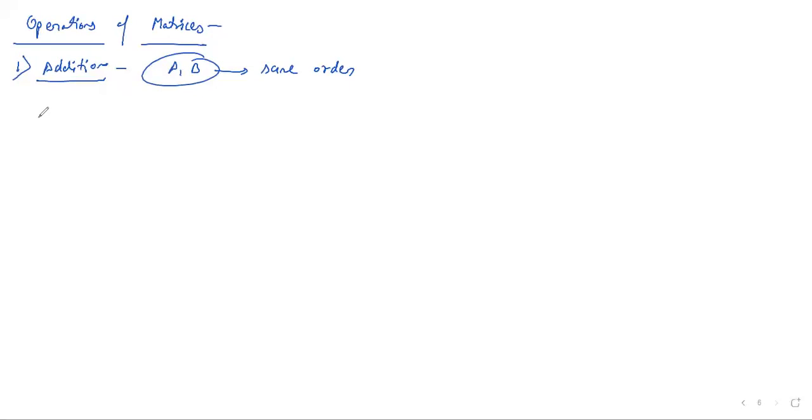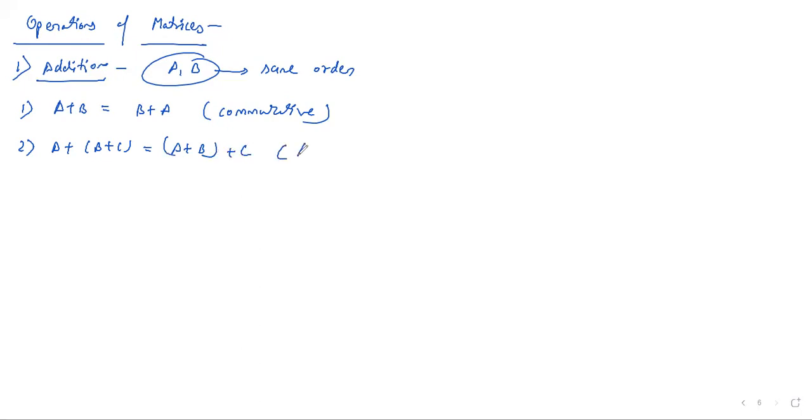Now there are some properties of addition. First, A plus B is equal to B plus A, that is, the addition of two matrices is commutative. Second, A plus B plus C is equal to A plus B plus C with any grouping, that is, the addition is also associative.